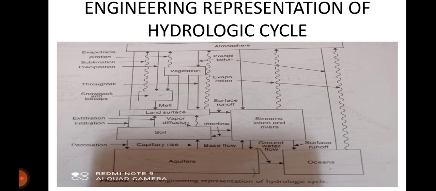The groundwater runoff is sometimes referred to as the base flow or the interflow. The total streamflow, which is a sum of the surface runoff and the groundwater runoff, ultimately joins the oceans. From the oceans, it again starts evaporating into the atmosphere, and thus it completes the hydrologic cycle.